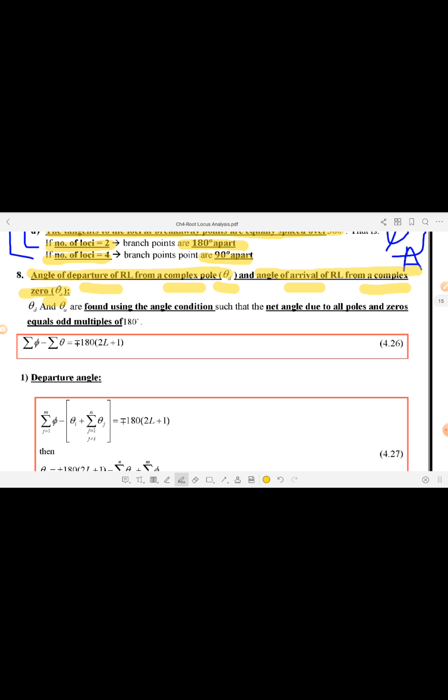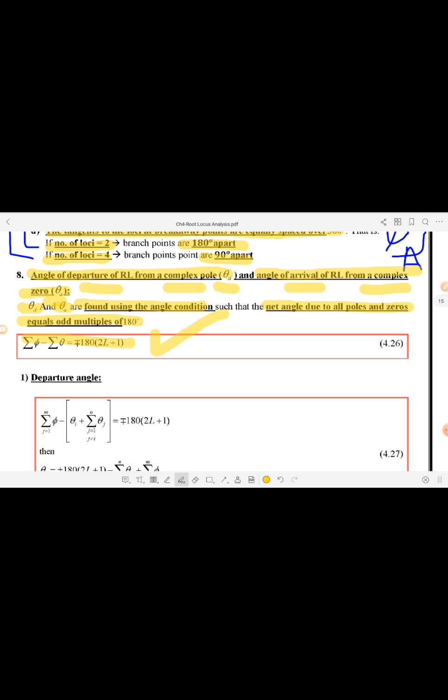Regarding the calculation of the angle of departure or angle of arrival, theta d or theta a, they are simply calculated using the angle condition, where the net angle of all other poles and zeros is equal to odd multiples of 180, and this we have completely described in our previous lecture. The angle condition: the summation of all angles of the zeros minus the summation of all angles of the poles should be odd multiples of 180 degrees.